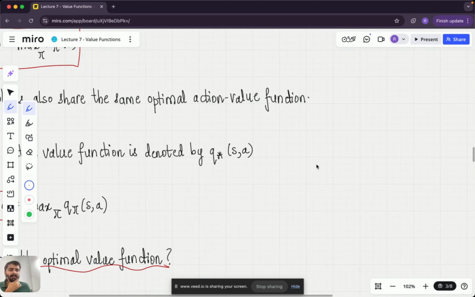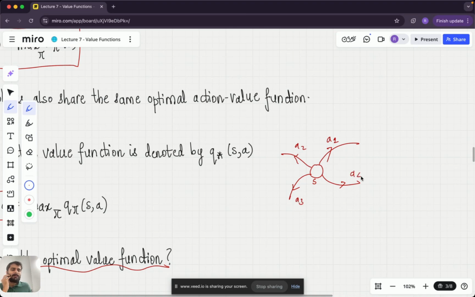Okay, so let us say this is our state, and let's say from this state there are multiple possible actions: A1, A2, A3, A4.